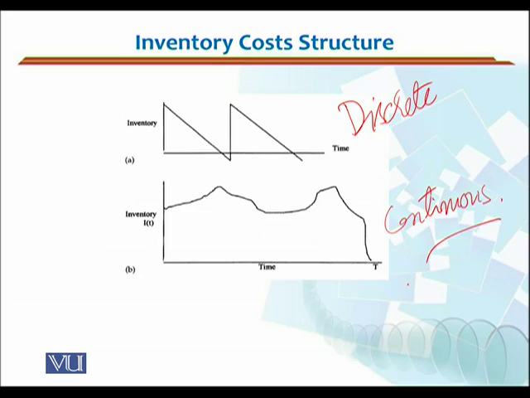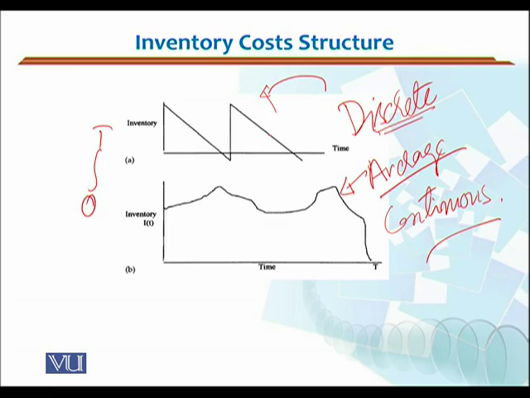In fact, you have to find the integration in order to know the average inventory. Here, the average would not be that simple. You have to integrate it from 0 to T in order to find the inventory. T could be your total time period or time horizon. But in the case of discrete inventory, it's usually quite predefined, especially with the different assumptions of EOQ.